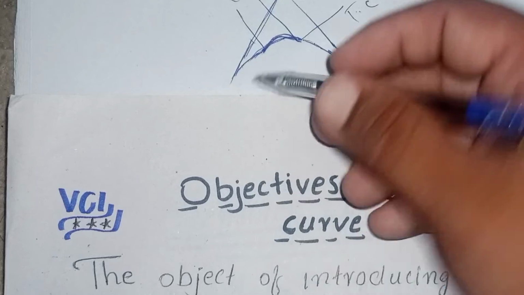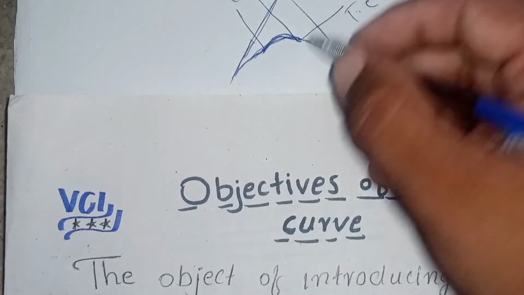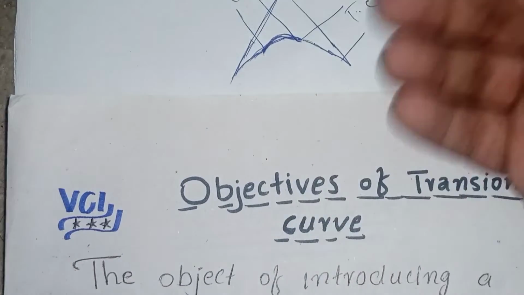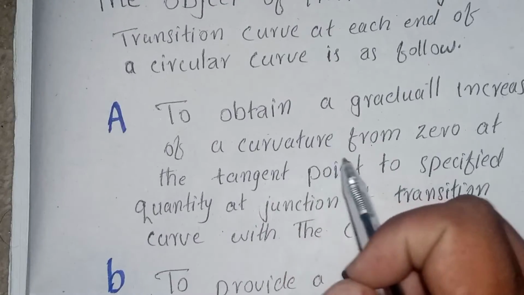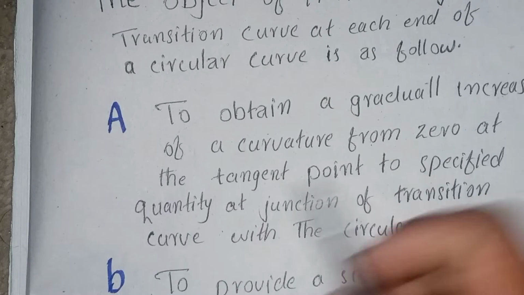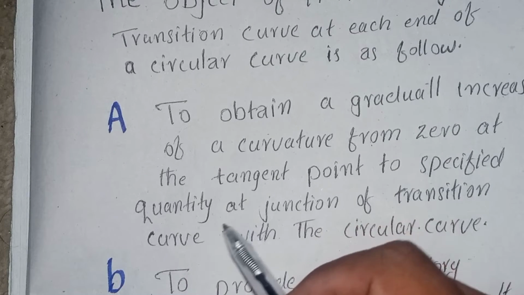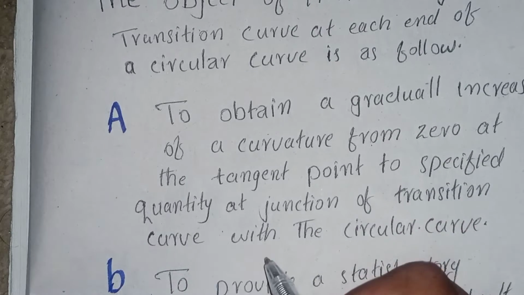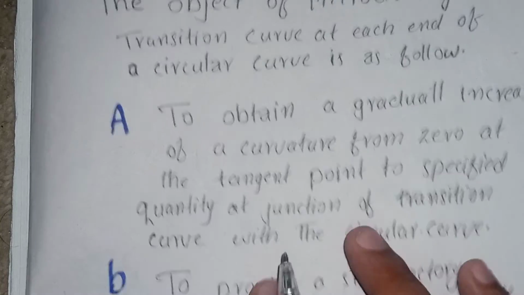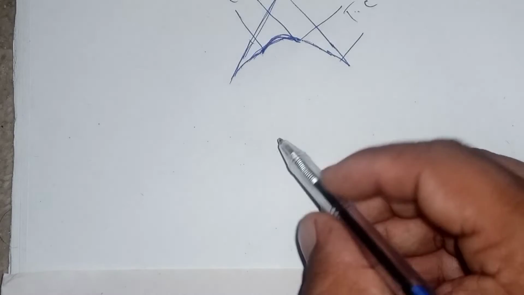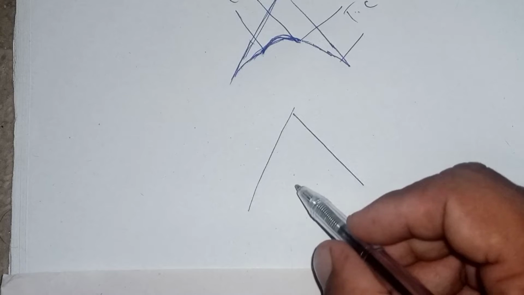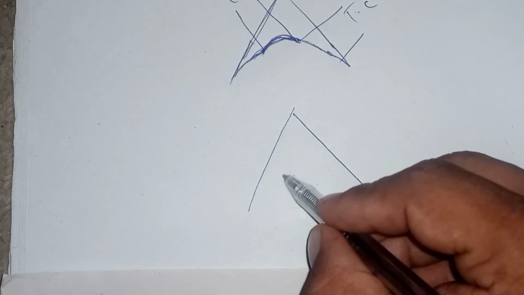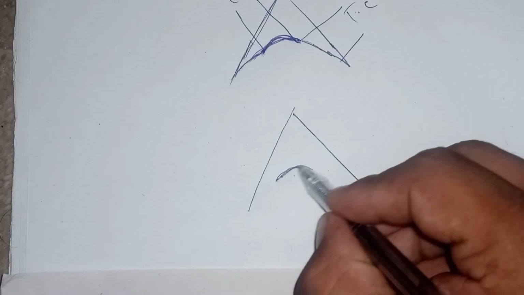Now we are going to explain why we use this transition curve. First, to obtain a gradual increase of curvature from zero at the tangent point to the specified value at the junction of the transition curve with the circular curve. Suppose these are two straight lines and this is a circular curve.